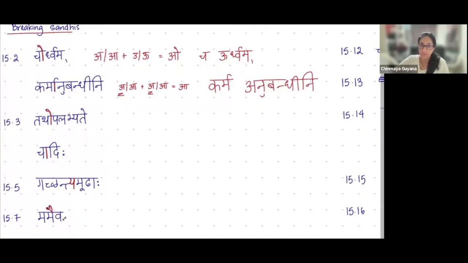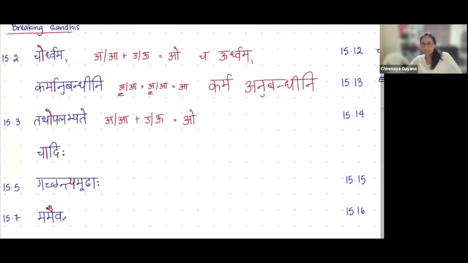Tathopalabhyate. So the rule for this is a or ā plus u or ū equals o. That means our first word is the tha or the thā. And I think that because of your indeclinable list, you may have guessed it was actually the thā. So the first word is thā. The next word is upalabhyate or upalabhyate.